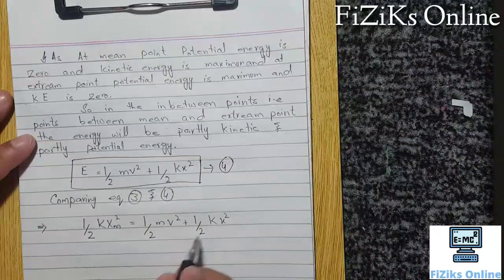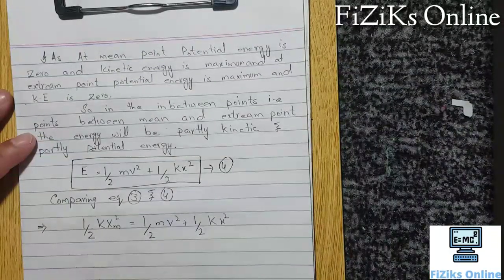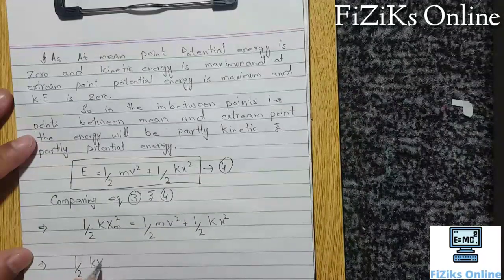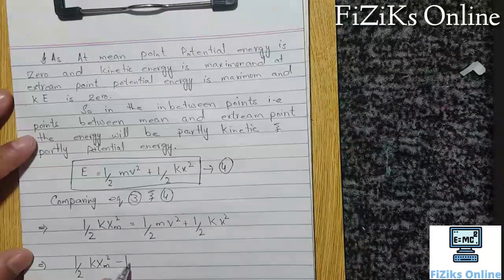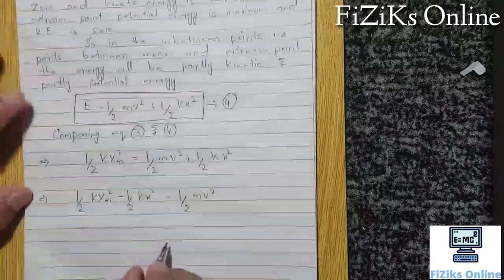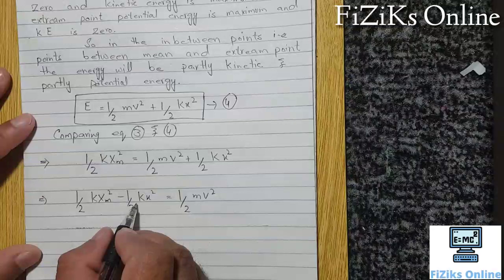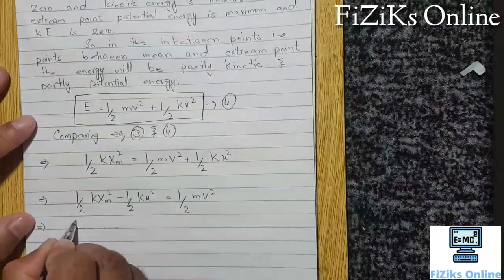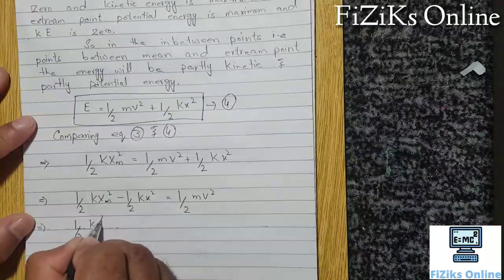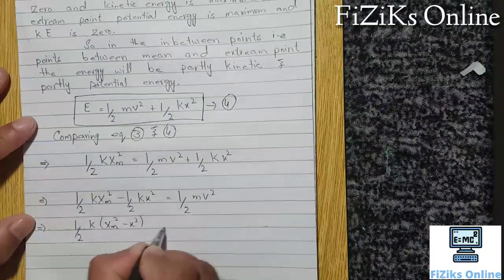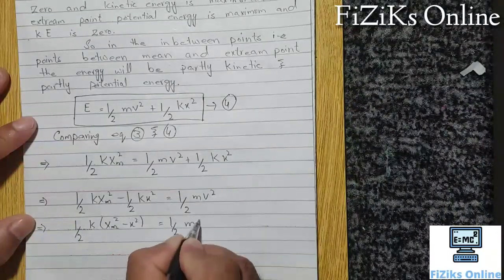Taking the k term to the other side of the equality, half k xm square minus half k x square equals half m v square. Half k is common, so this implies half k (xm square minus x square) equals half m v square.